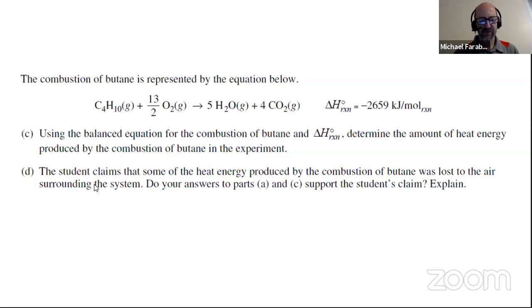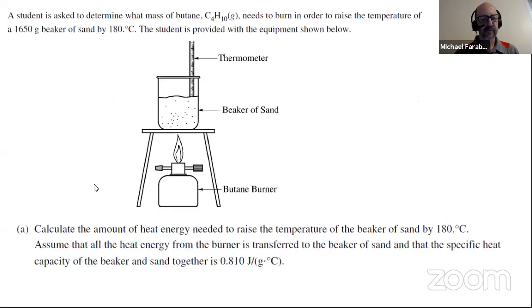Okay, I'm going to make the assumption that you have already answered parts A, B, C, and D. Here we go. A student is asked to determine what mass of butane, C4H10, needs to burn in order to raise the temperature of a 1,650 gram beaker of sand by 180 degrees Celsius. The student is provided with the equipment shown below.